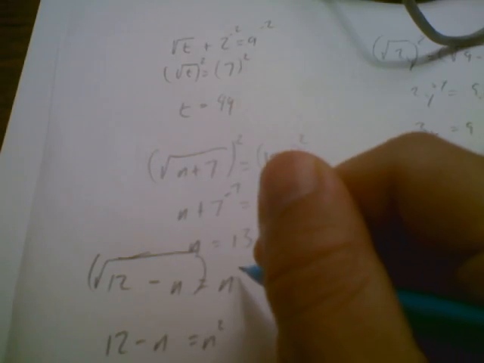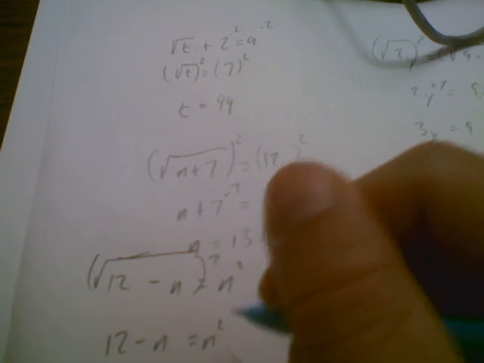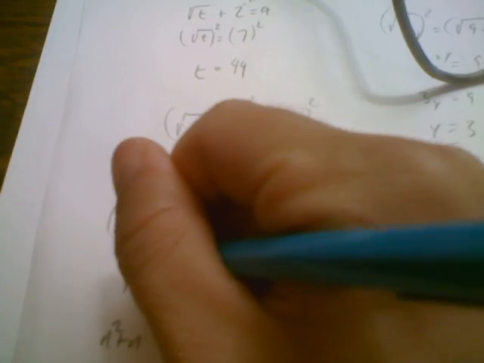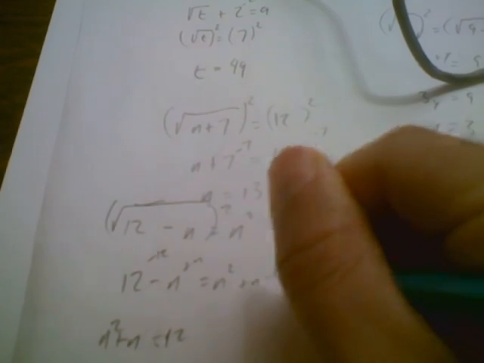12 minus n equals n squared, because we squared both sides, right? And then we can say n squared plus n minus 12 equals 0.